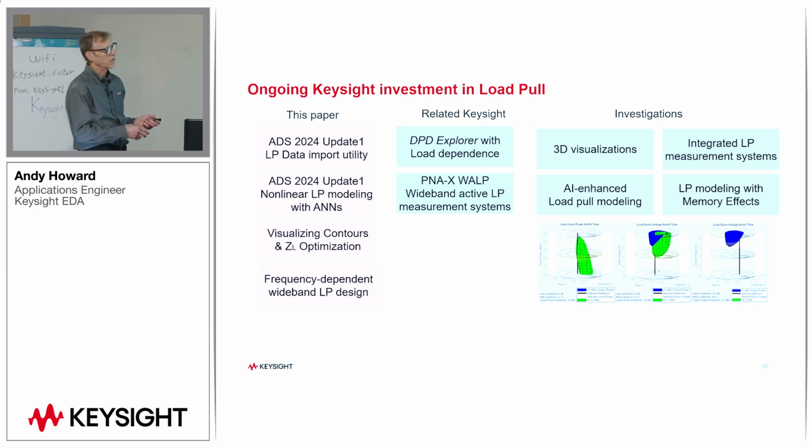These are useful if you're needing to measure devices with wideband signals and determine what optimal impedances to present to those devices to get optimal performance. We can do a DPD simulation now and measurement and include load dependence. So we're working in a lot of areas in load pull.